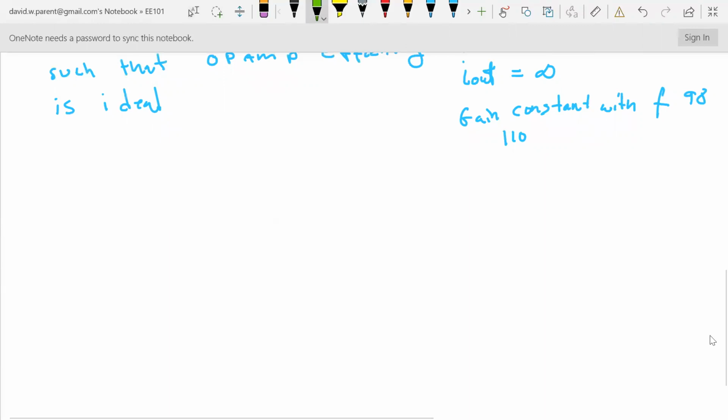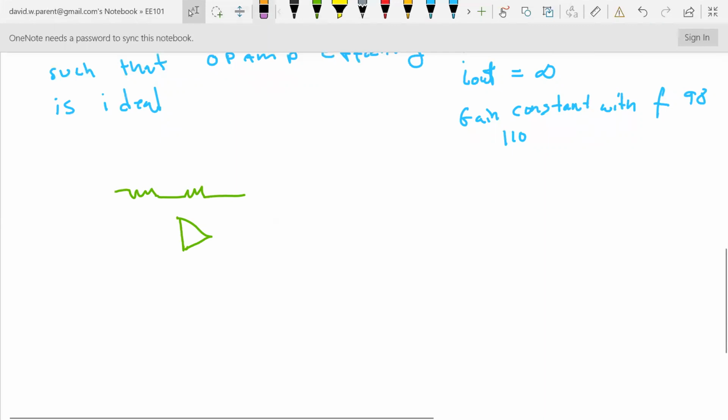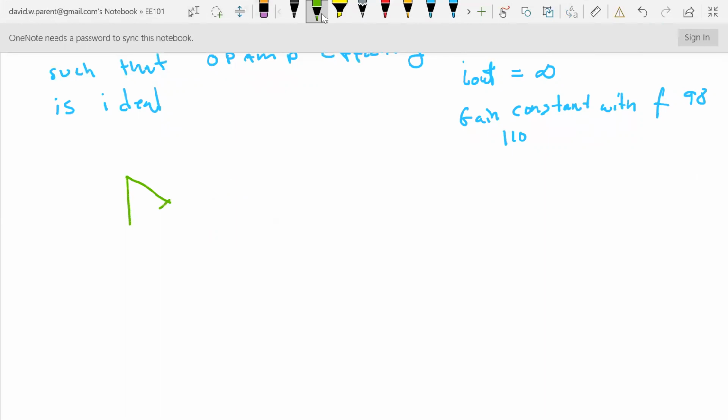All right. Now what I want to do first though is actually, op amps can be used as comparators.